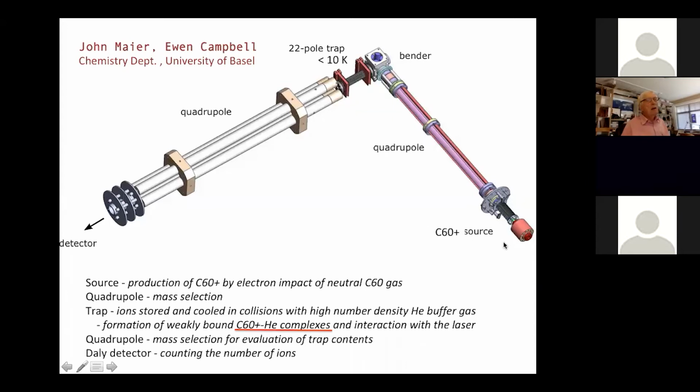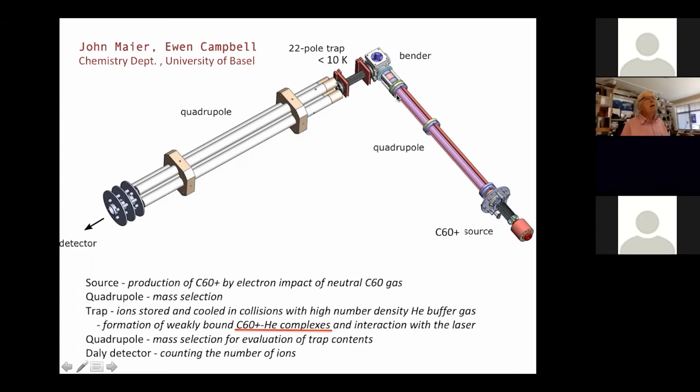But down here in the bottom, halfway up the right-hand side, they pumped in C60 gas, that is just raw C60. And the electron bombardment in this area here produced C60+.